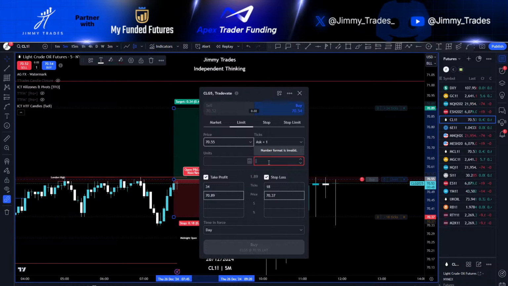So if you want to risk 1%, let's say your 1% is $150, right?